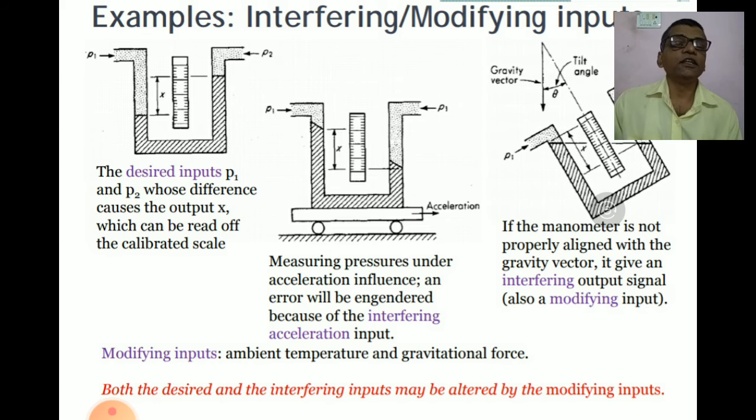So there is a scale, and due to the change in ambient temperature, there is a change in the length of the scale, thereby modifying the proportionality factor relating the input P1 minus P2 with output X. Okay, so we have to give the proportionality factor.